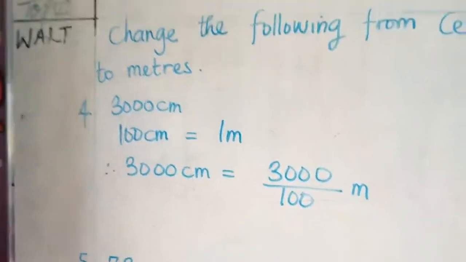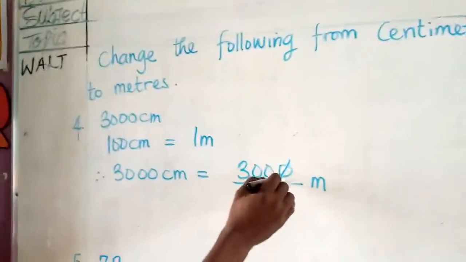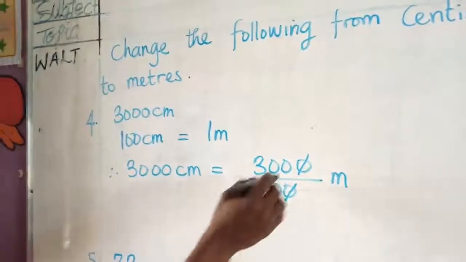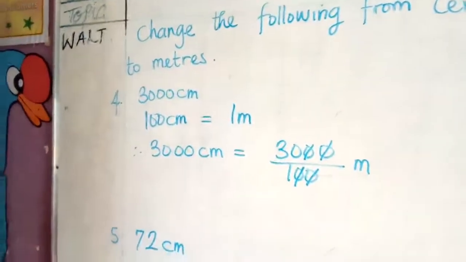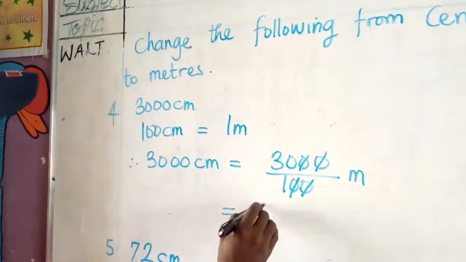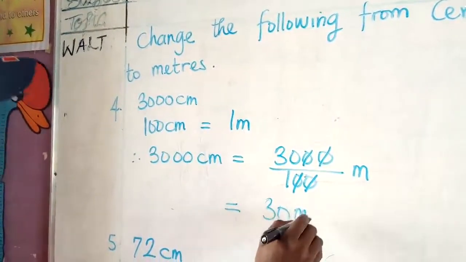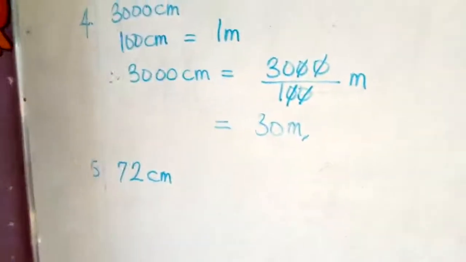Here you have zeros as the last digit. So 0 we take out 0, 0 we take out 0. Then we're left with 30. So 3000 centimeters is equal to 30 meters. I hope that is understood.